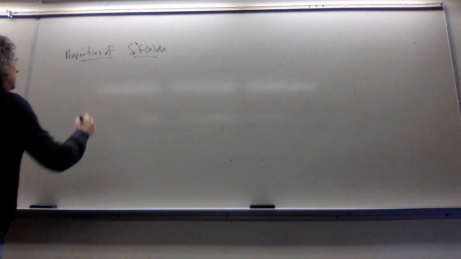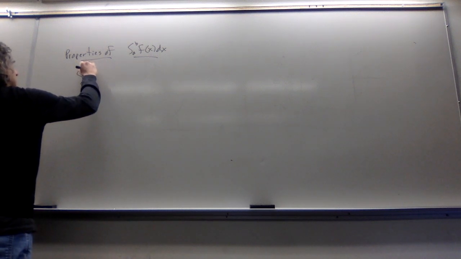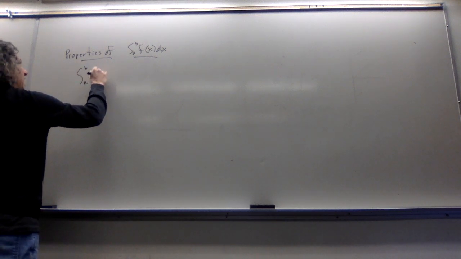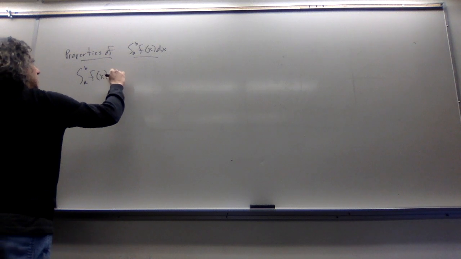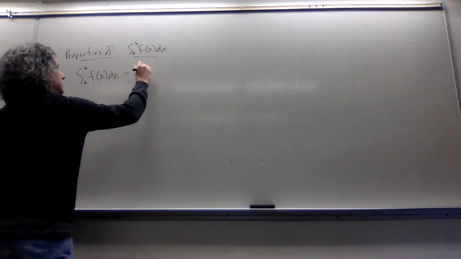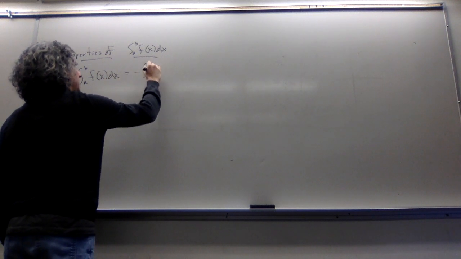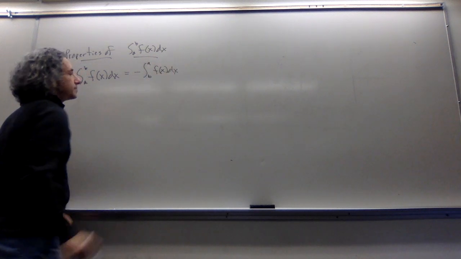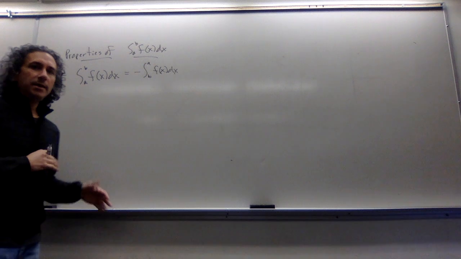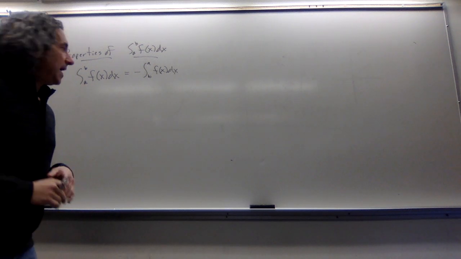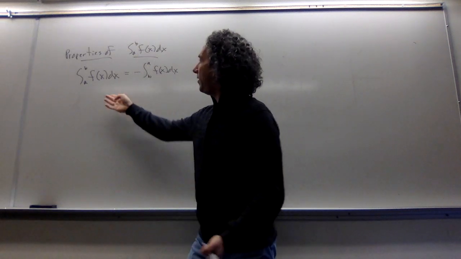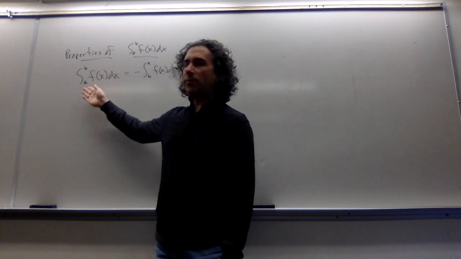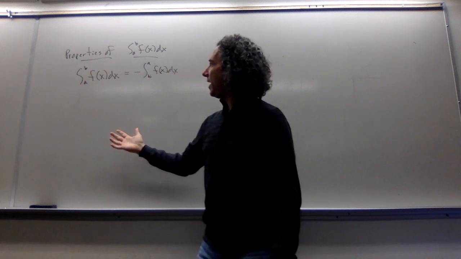So the first property that I want to talk about is that the integral from a to b of f of x dx is equal to minus the integral from b to a of f of x dx. So let me point something out first. Up until now we've been saying to ourselves, this is representing an area.